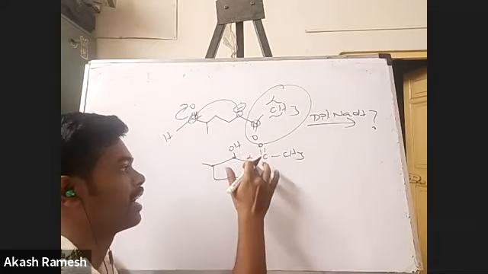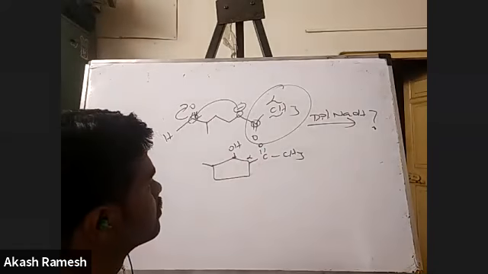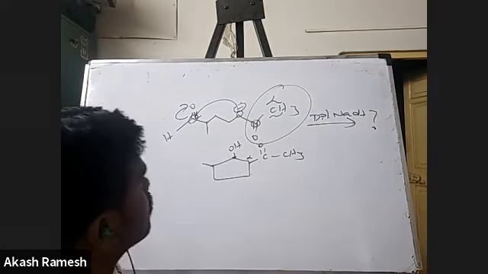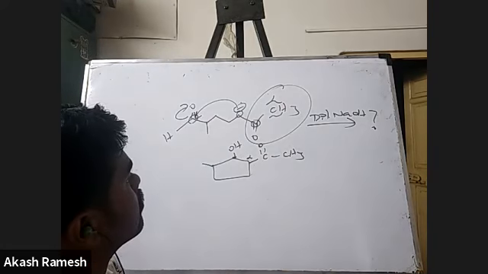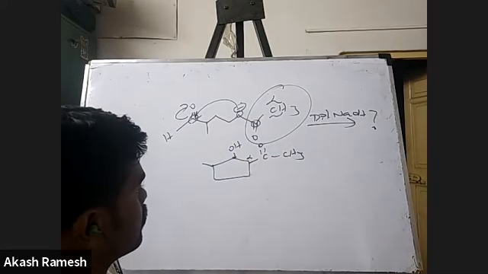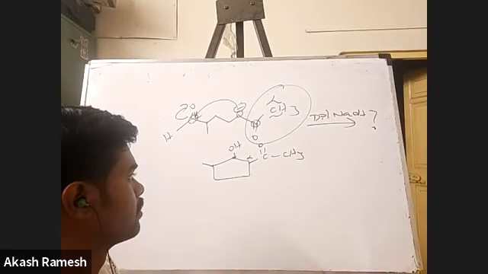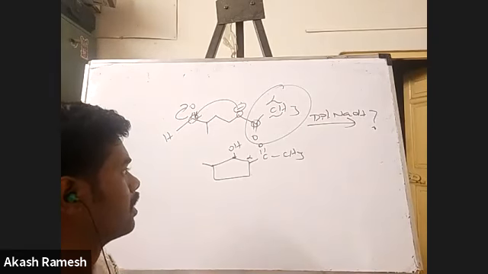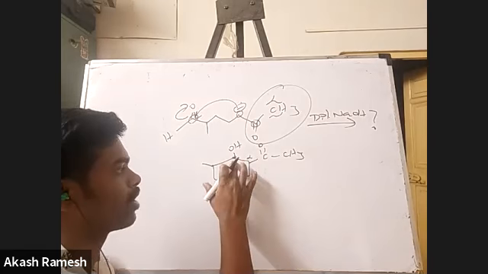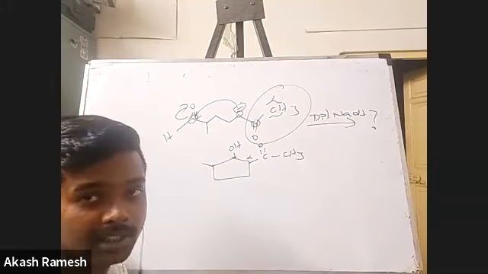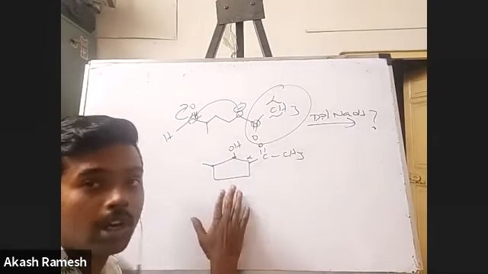I have to remove the hydrogen. Am I doing it correctly? OH, H. Oh yeah, no. This is the beta hydroxy alcohol. So yeah, I have to make the double bond here only. There is no Saytzeff's rule here. Please understand, here it is not about Saytzeff's rule.